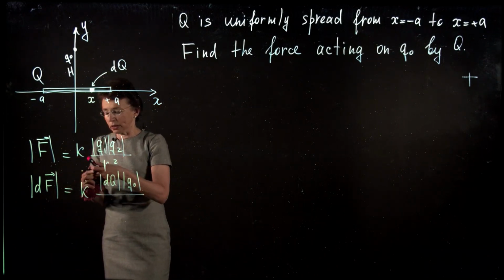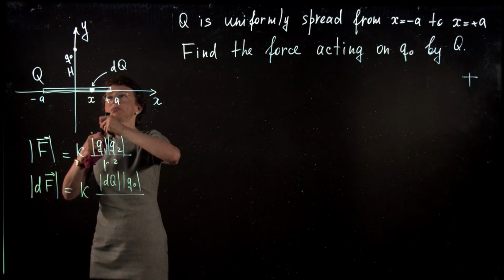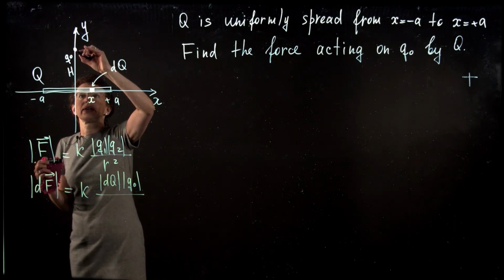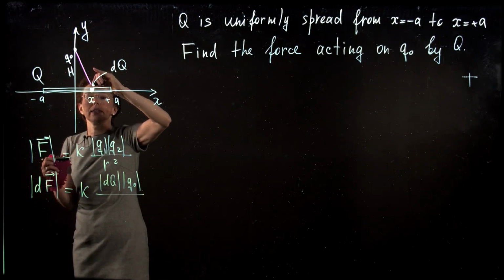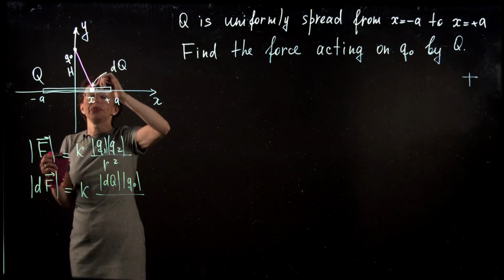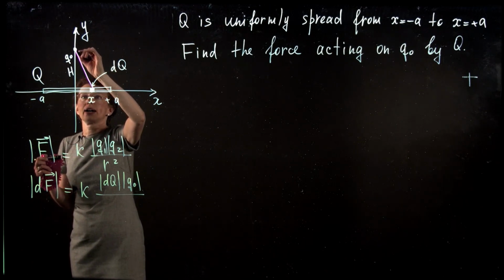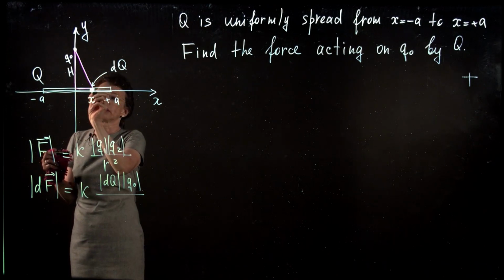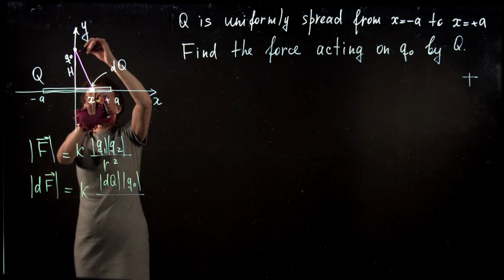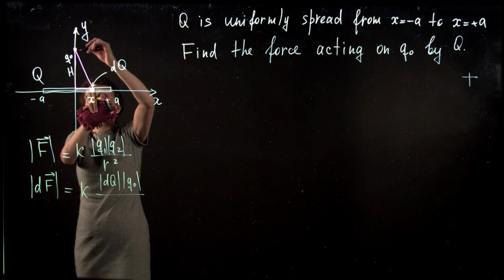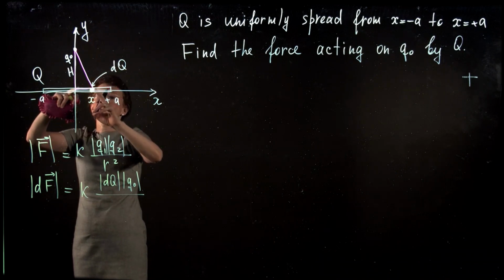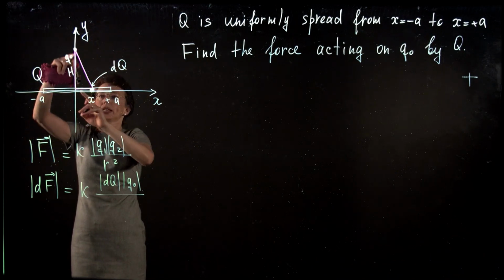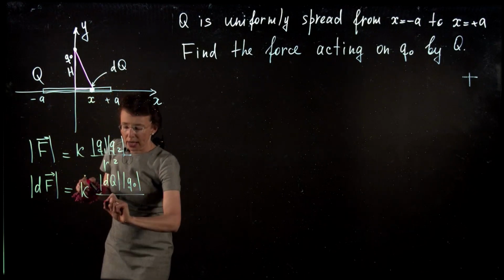What is the distance between them? The distance between them is this line, and I will find its length using this right triangle. This is the hypotenuse, and the distance squared is x squared plus h squared.